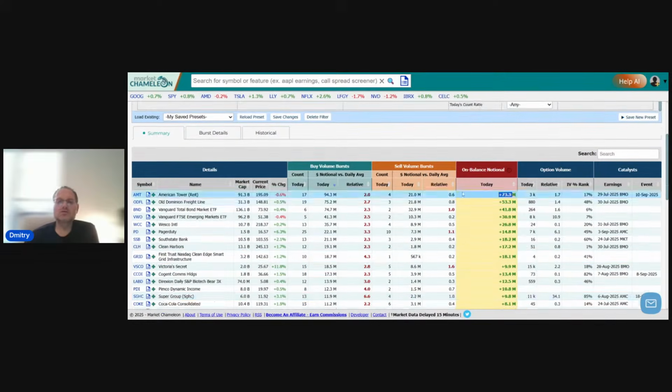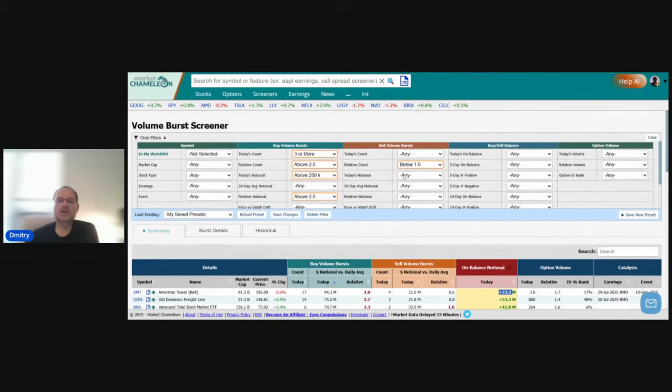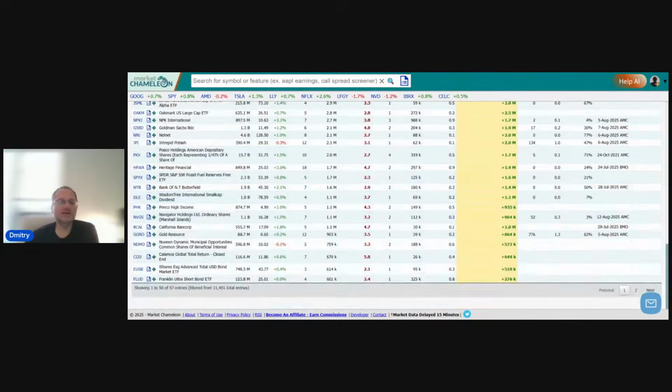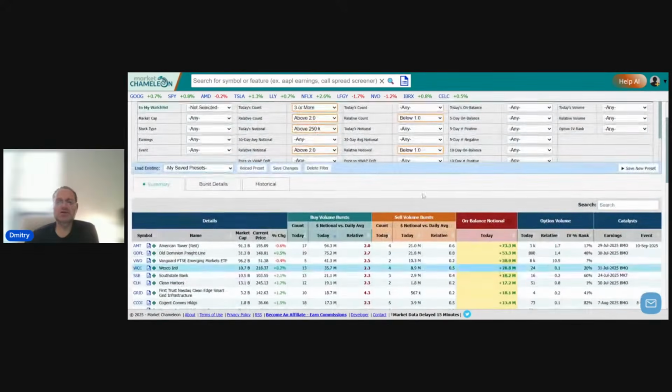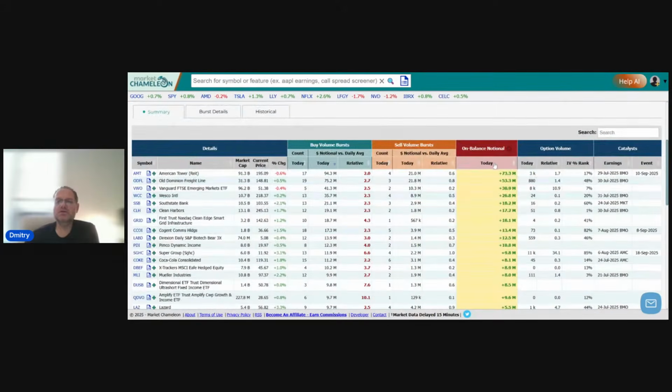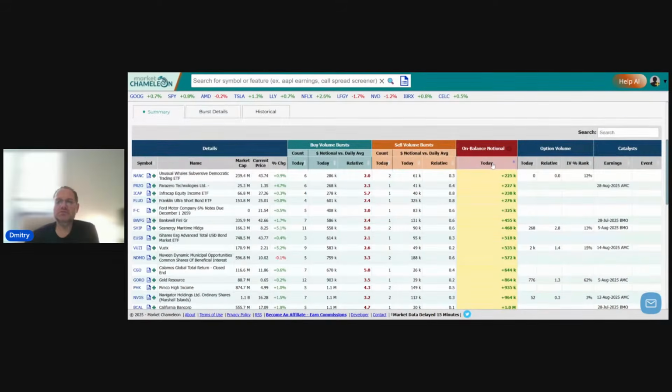Okay. You could go a little bit further and say that the relative notional also is below typical. Okay, so let's see where we're at now. 57. Let's sort this now by this column, the highest. There you go.